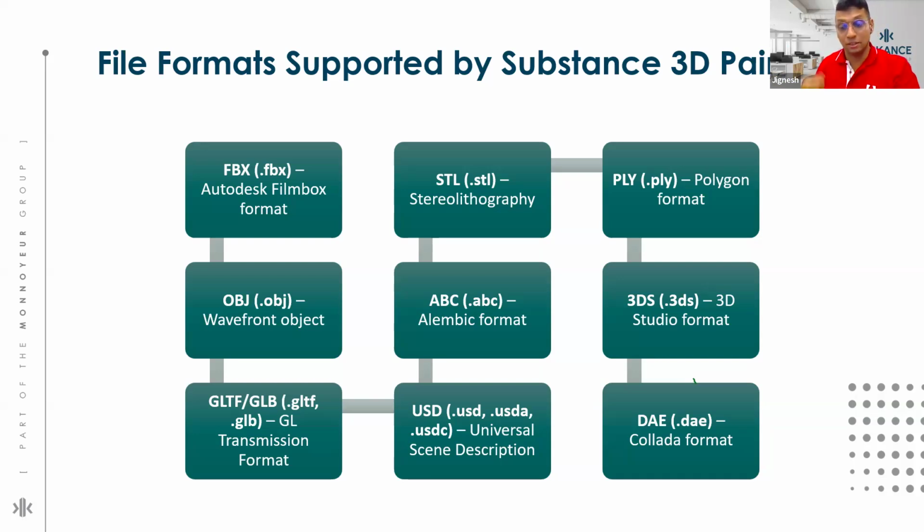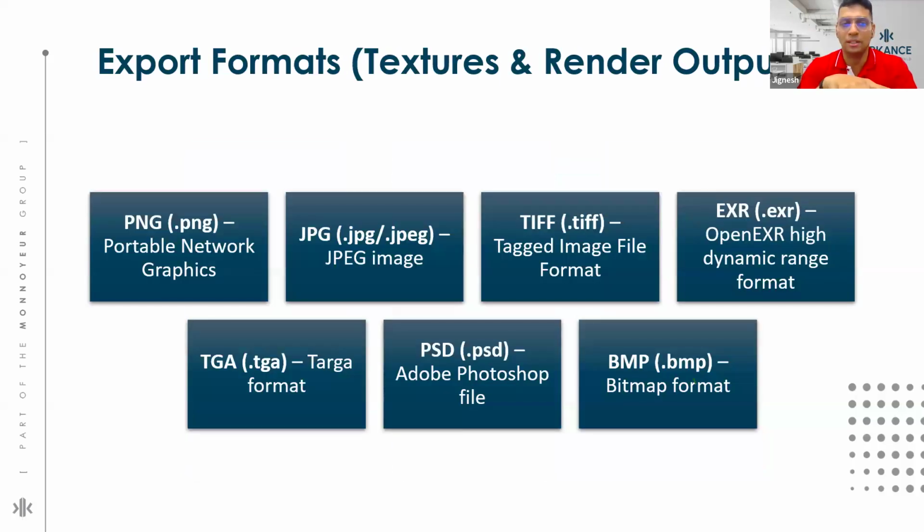Polygon formats, the 3ds Studio format, which is the core format of 3ds Max, and DAE. These are formats widely used in the industry, and they are very well accepted within 3D Painter. And from 3D Painter, you get these formats exported, right? PNG is one thing, JPG, TIFF, EXR.